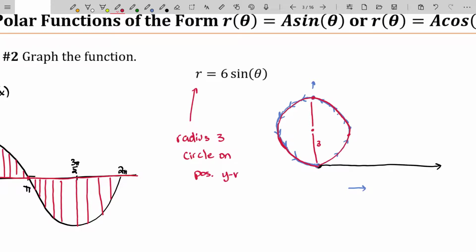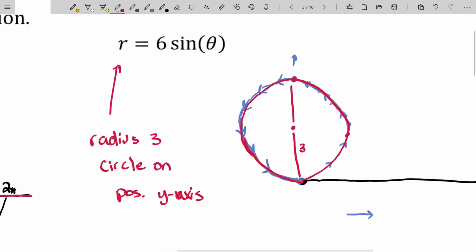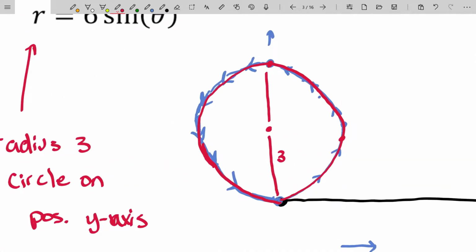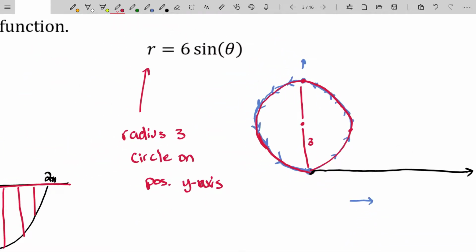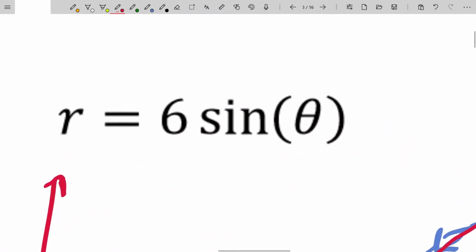y-axis. It's not really on the y-axis because we're dealing with the polar coordinate system, but you get the idea. It's on the positive y-axis if we were to superimpose a rectangular system on that. And notice r equals 6 times the sine of theta. Sine is always associated with y values.